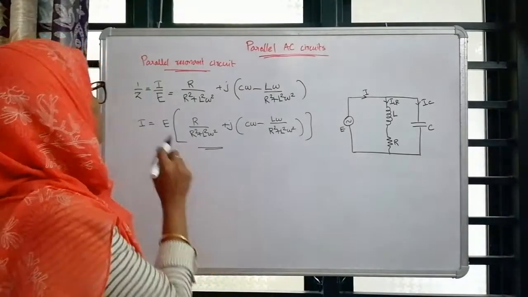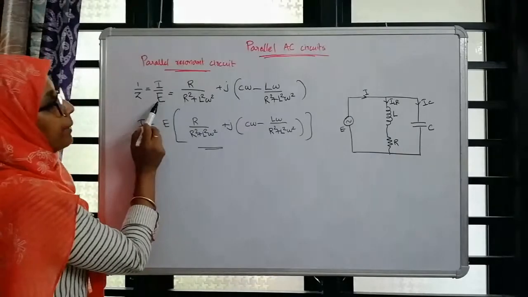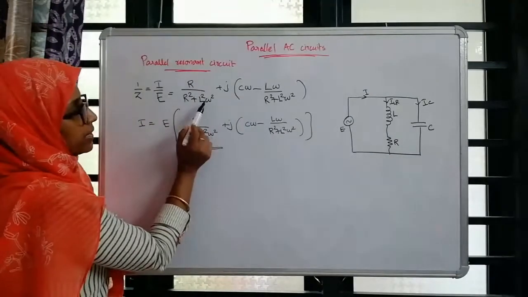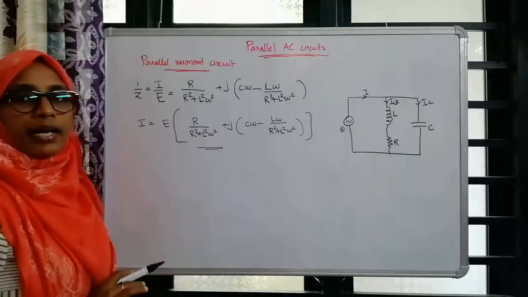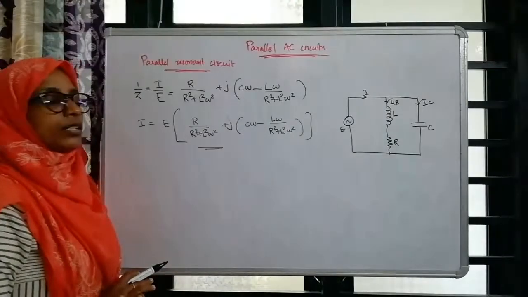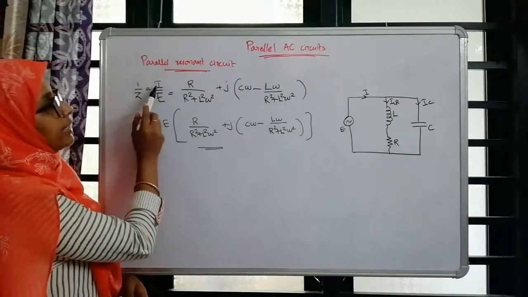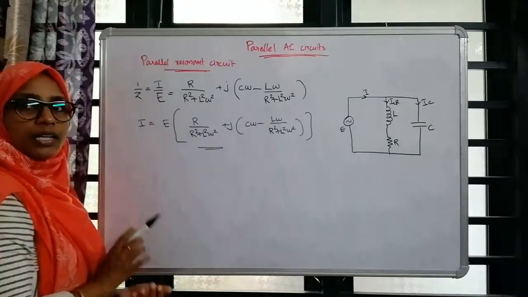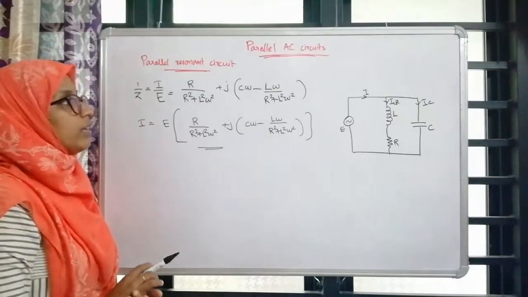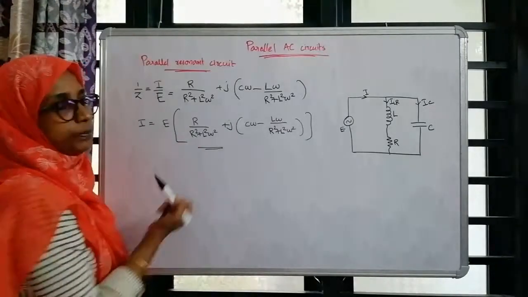So, the admittance can be written as 1 by Z is equal to I by E, that is R by R square plus L square omega square plus j into C omega minus L omega by R square plus L square omega square. From this, we can rearrange for the resultant effective current in the parallel resonance circuit, which is given as E into this term.